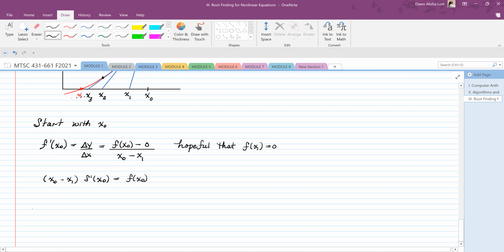So now when I multiply and solve, I actually will find out that the next iterate, x1, turns out to be x naught minus f of x naught divided by f prime of x naught.